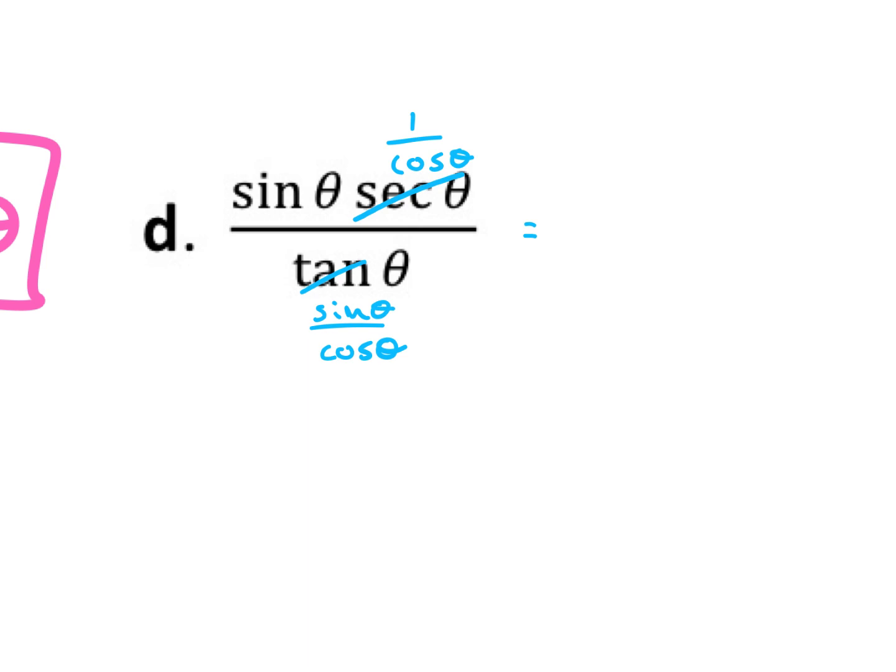Now what? Can we organize this, make it a little neater? What can I do on the top? Multiply. So this would be sine over cosine over sine over cosine, which would just be 1. Perfect.